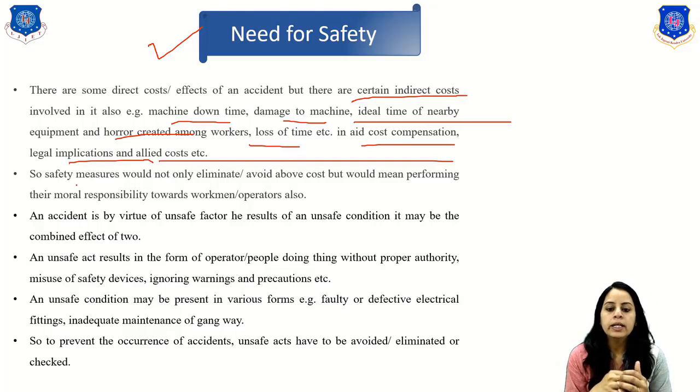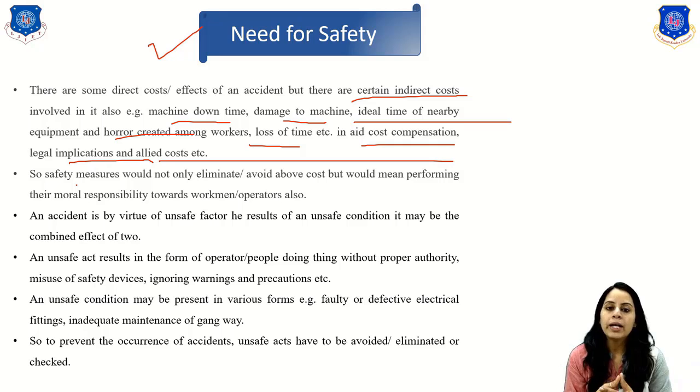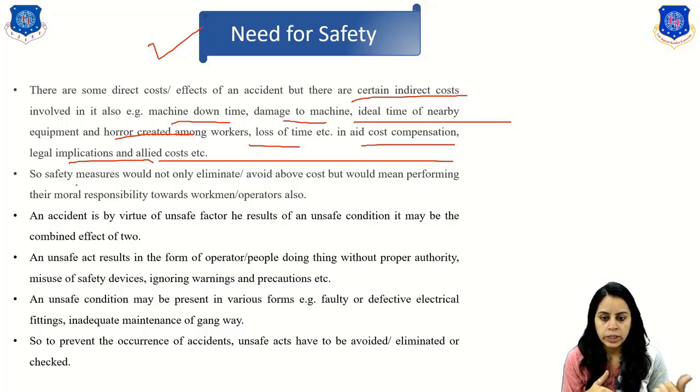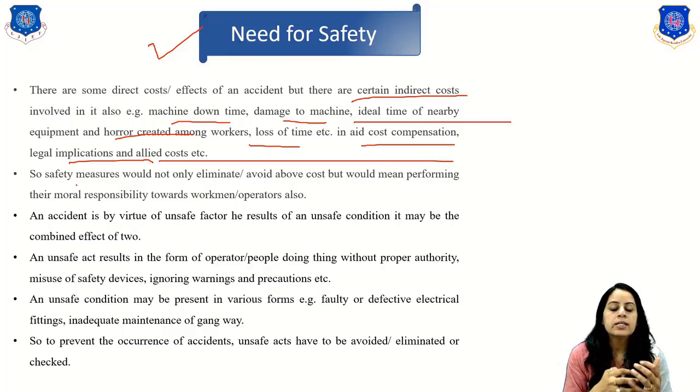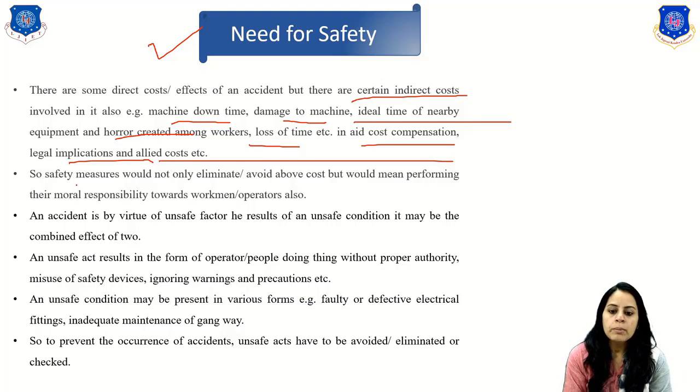An accident is the result of an unsafe act, an unsafe condition, or a combined effect of the two. What do we mean by unsafe act and unsafe condition? An unsafe act means an operator or person doing a thing without proper authority, misusing safety devices, and ignoring warnings and precautions, so that the chances of accidents are there.